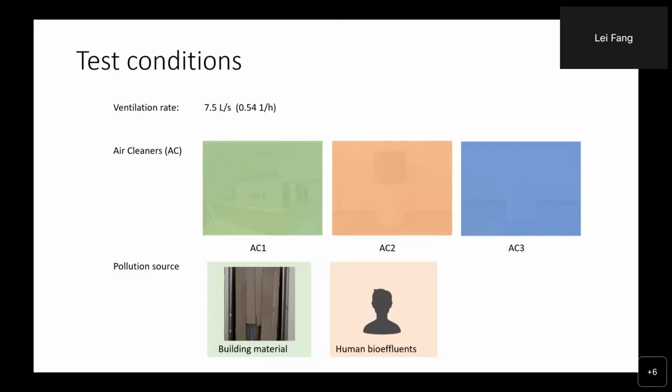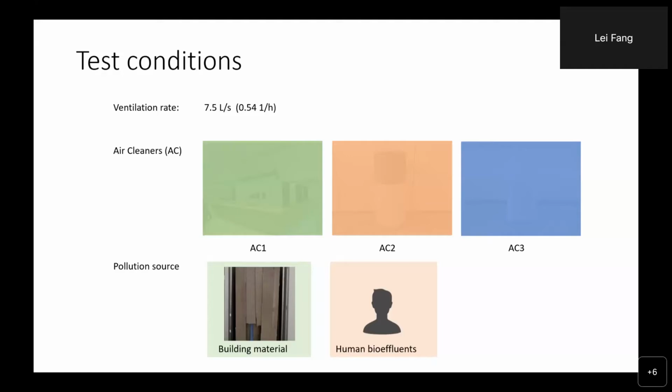So we try to first screen these 3 kind of air cleaners and exclude if any of the air cleaner itself pollute the air, then we'll not make any further test. And during the test, we use 2 group of pollution source.